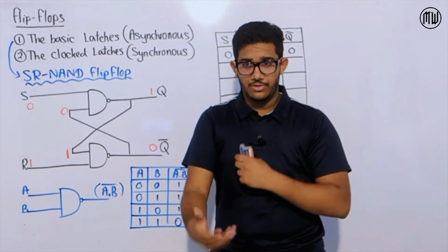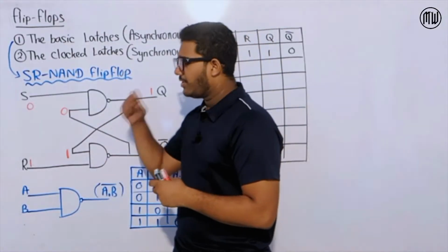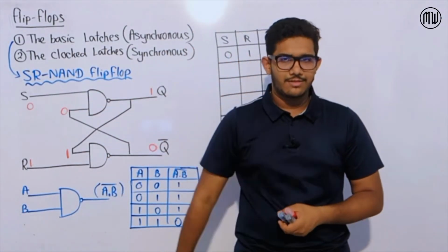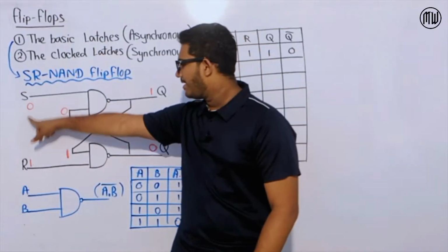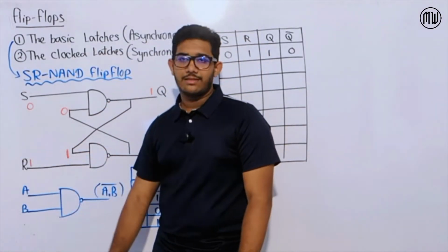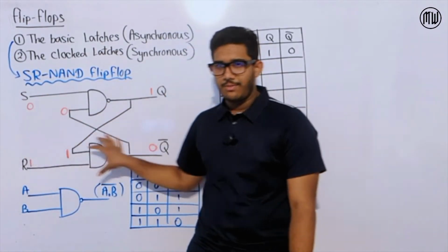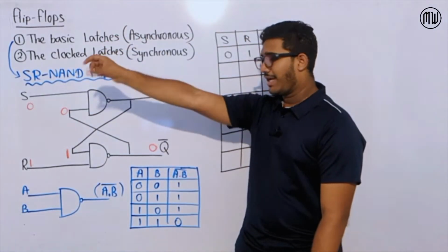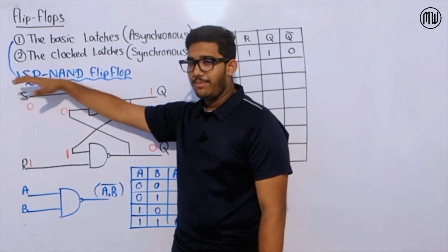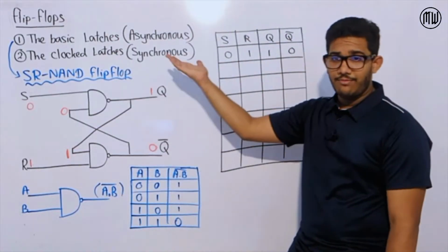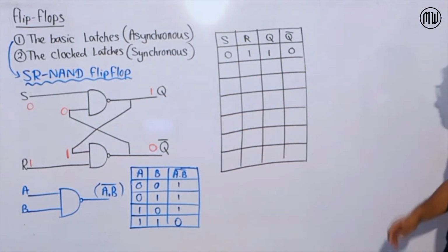We'll talk about those situations later on. But just remember that we usually start from set. Doesn't matter if S is here or S is here, we start from set. If S is down here, we're going to start from down and move up. This time we started from up and moved downwards. We can move upwards as well. It's totally okay.